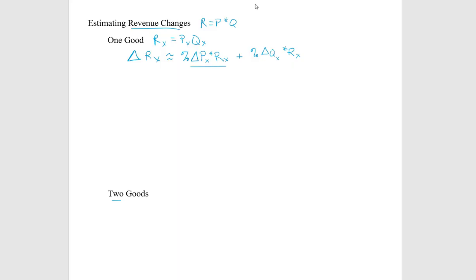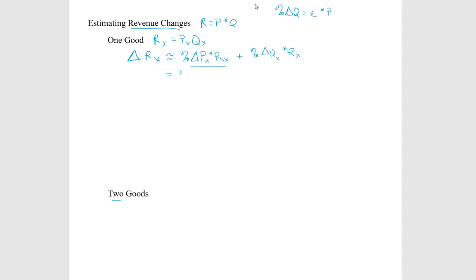Now, I want to be able to talk about this without having to do this in terms of quantity. So I'm going to go back to that equation we were just looking at a second ago, where the percentage change in the quantity equals elasticity times the percentage change in price, and I'm going to substitute that in here.